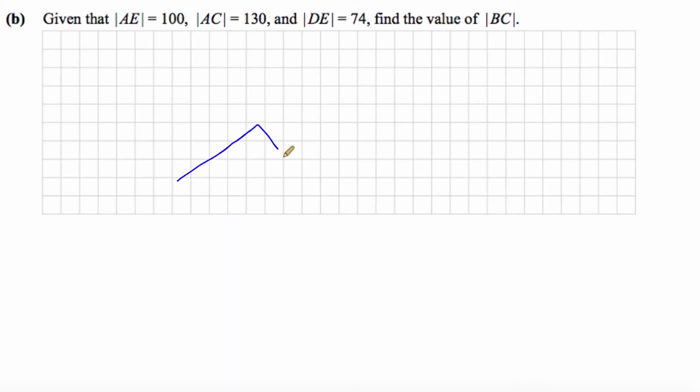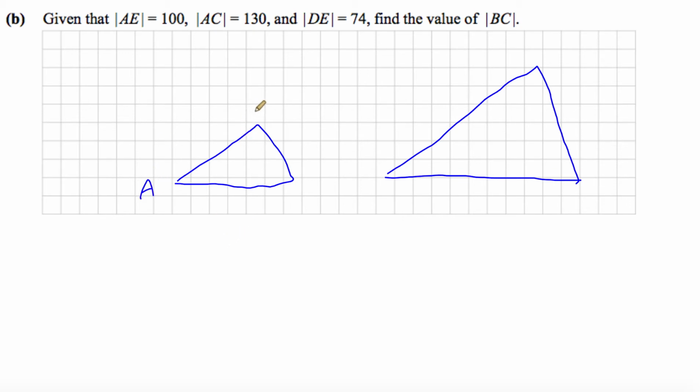Draw a sketch. So there we go, we've got A, E, D, and then we've got A, C, B. So remember, AE is 100, AC is 130, DE is 74, and we're looking for CB or BC, which is y.